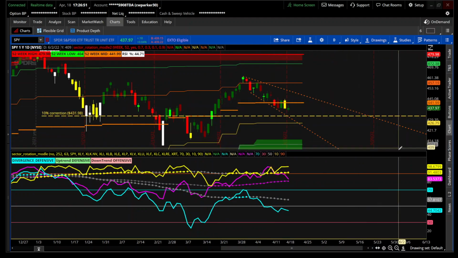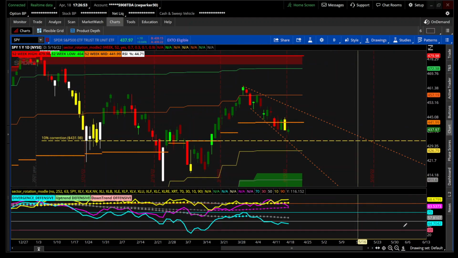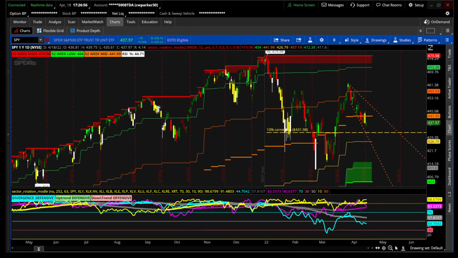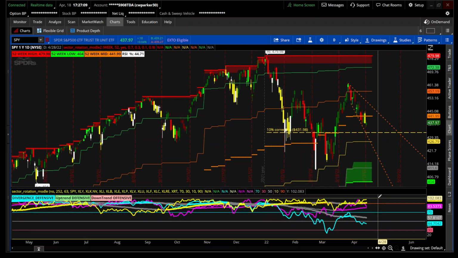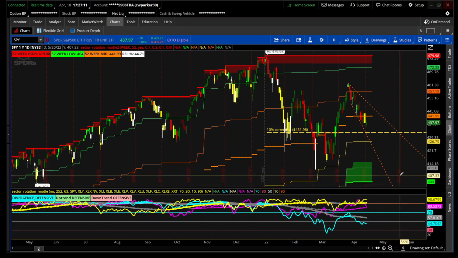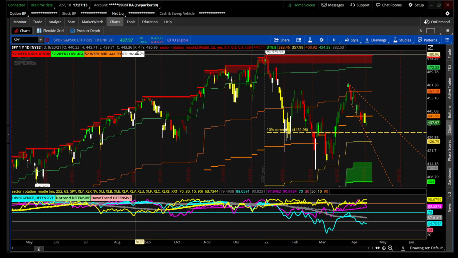And you can look in the top part of the indicator. These lines represent these same lines down here, which is 90, 70, 50, 30, and 10. You're getting the same lines down here, and you can see we're at 44.71.